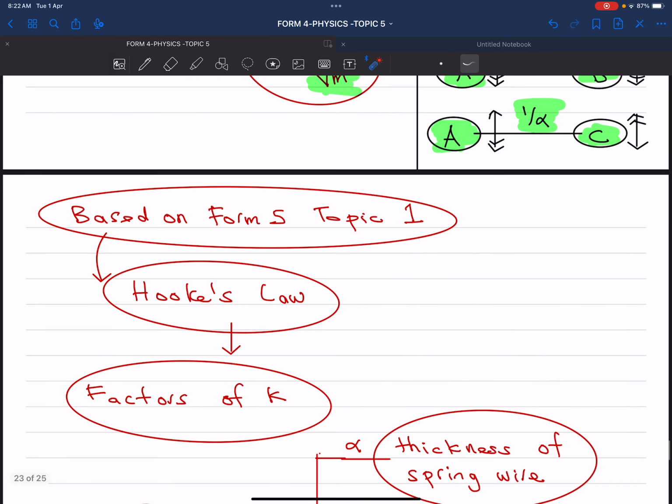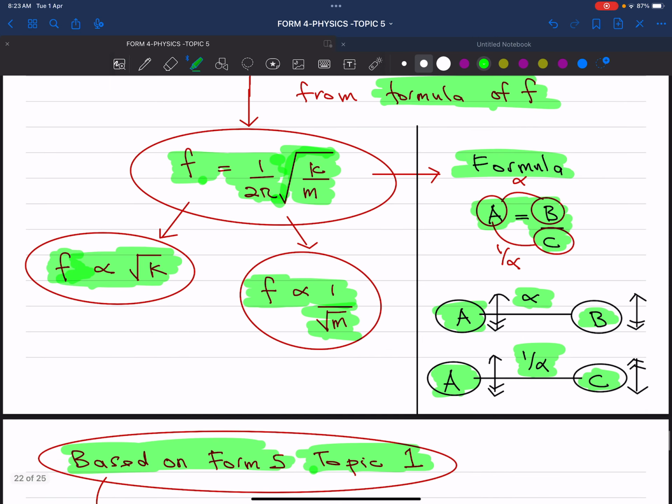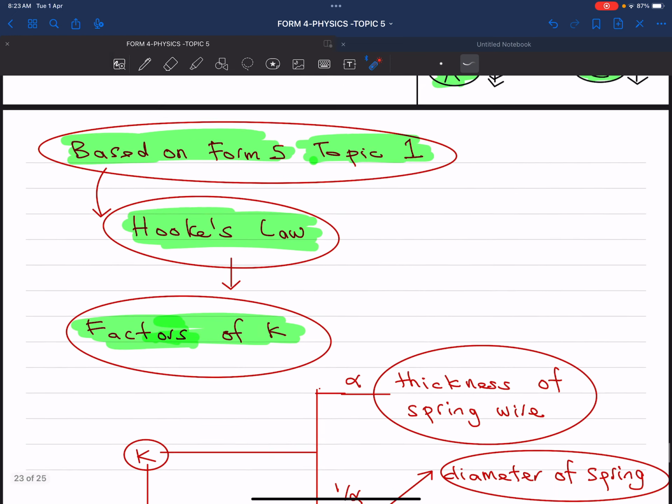But there are other factors of frequency. Based on Form 5, Topic 1, in the subtopic of Hooke's law, we can also get the factors of K. You see, frequency is directly proportional to square root K, and there are factors that affect K also from Form 5.